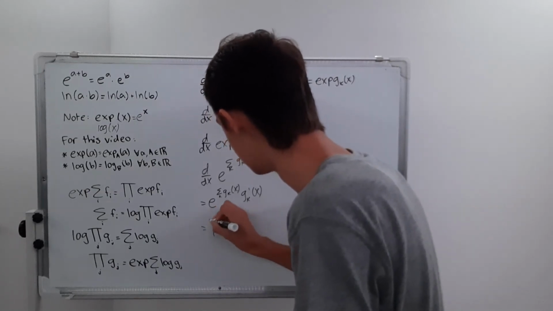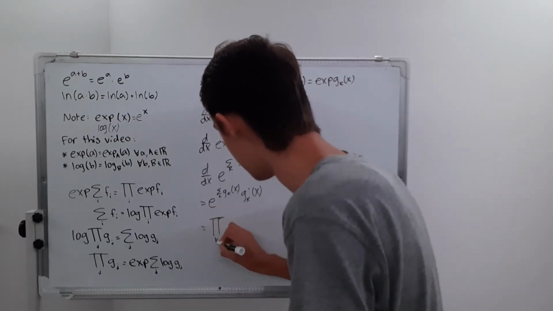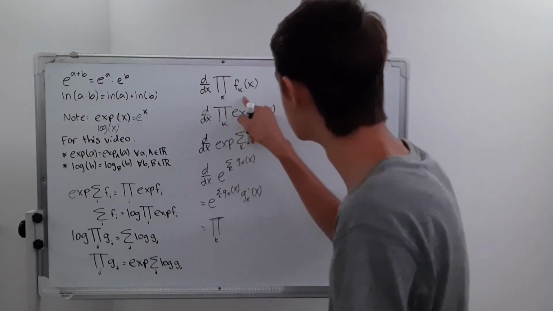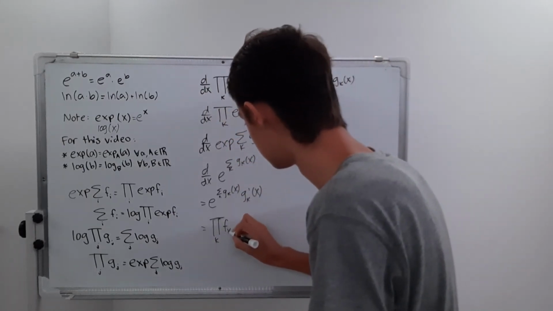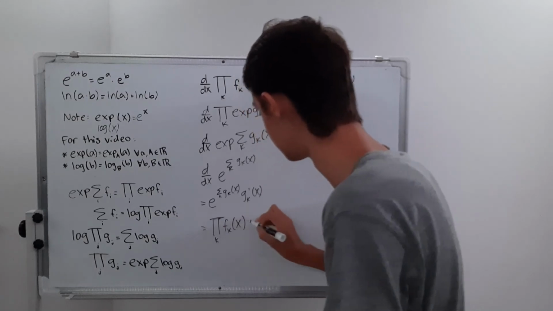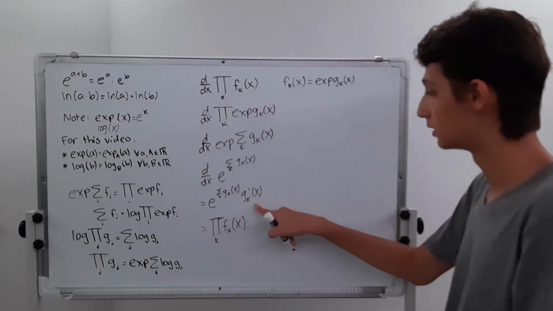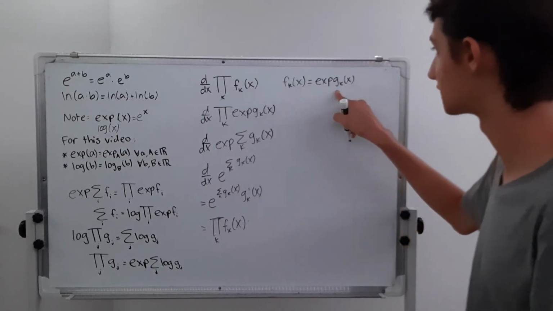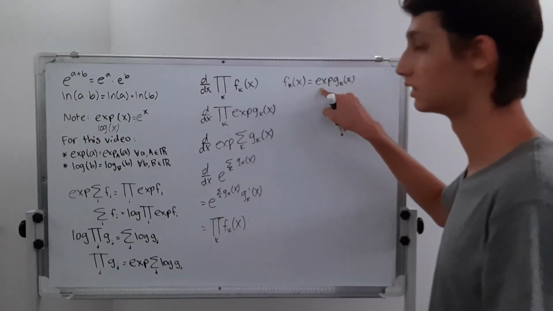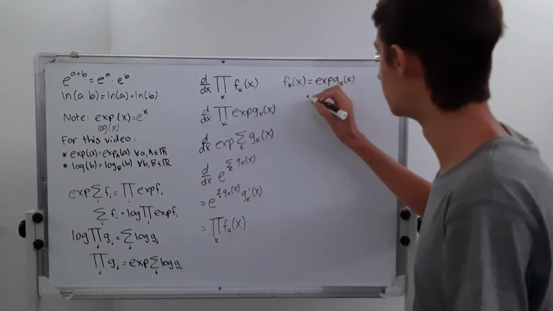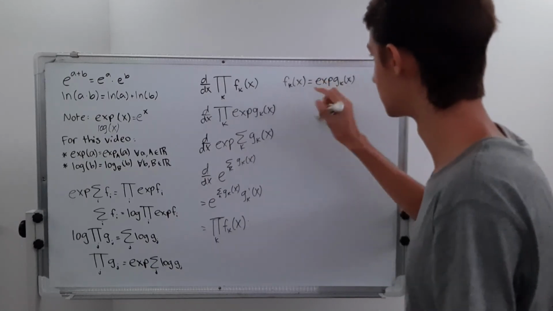We have the pi over k of f sub k of x, because that's all the same thing, times, well, what's the derivative of g? We can just find it. If this is base e, we can take the natural log on both sides.